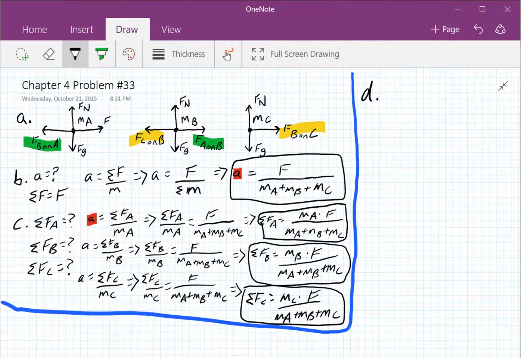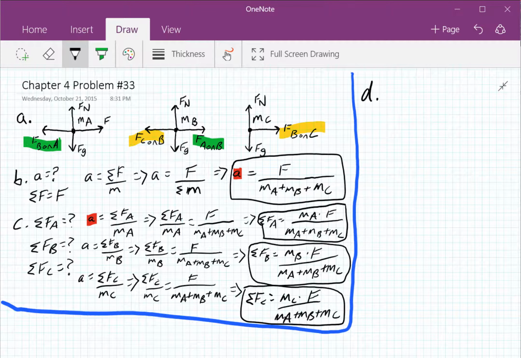And if we wanted to express those, we could notice that the sum of the internal forces on mass A would just be Fb on A, and the sum of the internal forces on mass C would just be Fb on C, and Fb on C and Fc on B are equal. So we can just explain it that way.